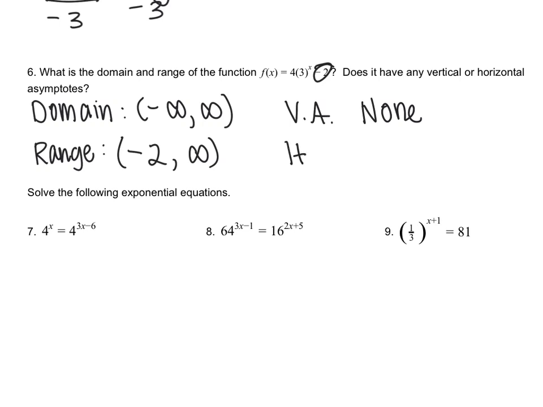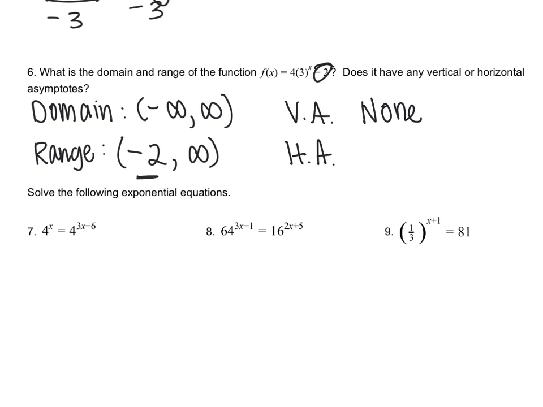For the horizontal asymptote, because that deals with any y values that the exponential function cannot take, that's going to be related to the range. And whatever value you have in the range for your exponential function that's not infinity, that's what the horizontal asymptote is.